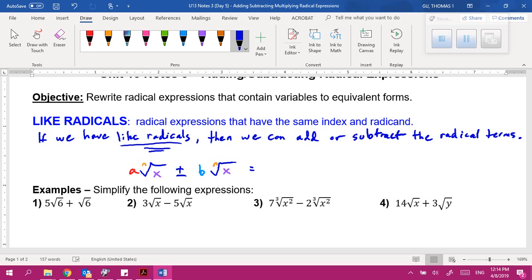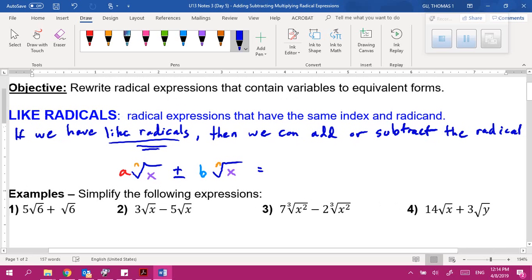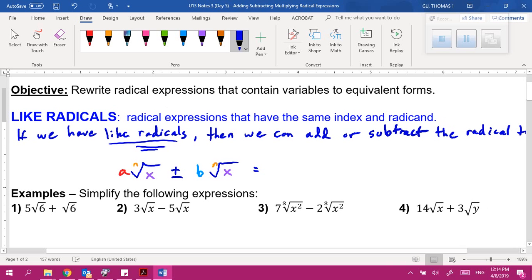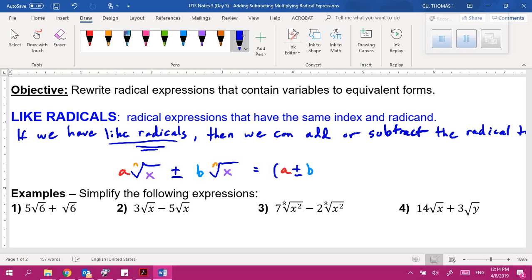So if you look at this, what is the only difference between these two terms? The a and the b, right. It has the exact same index. It has the exact same radicand, that's the term that's inside the radical. Then we can simply just combine a and b by adding or subtracting, a plus or minus b, depending on what it was, times the nth root of x.